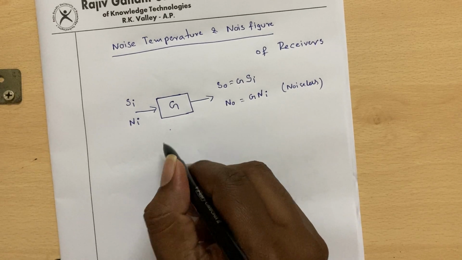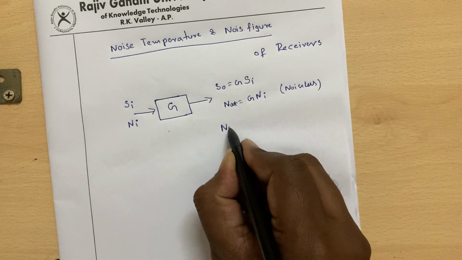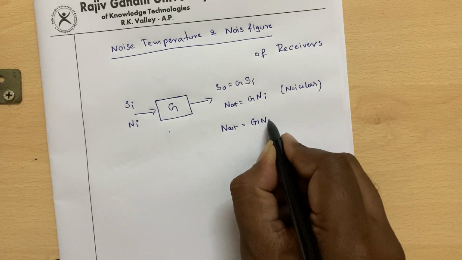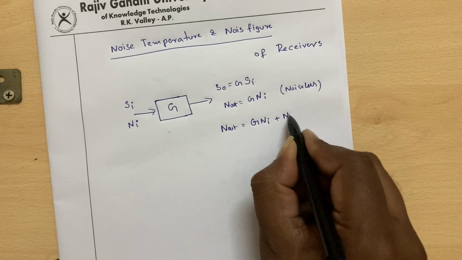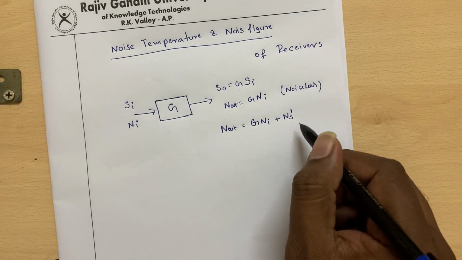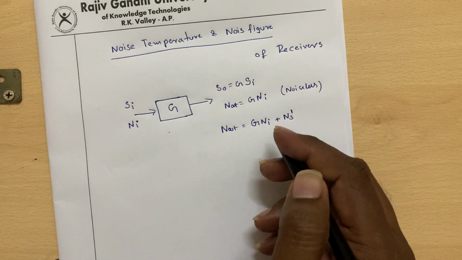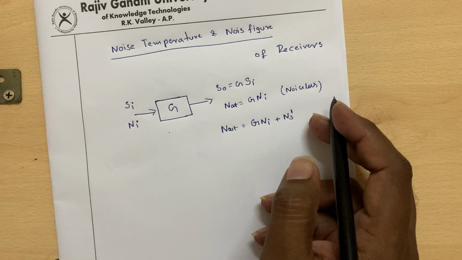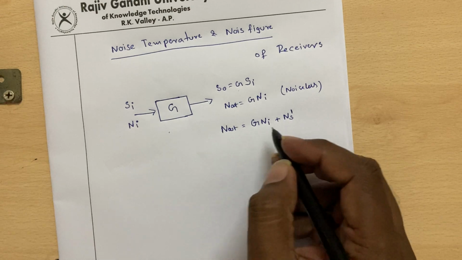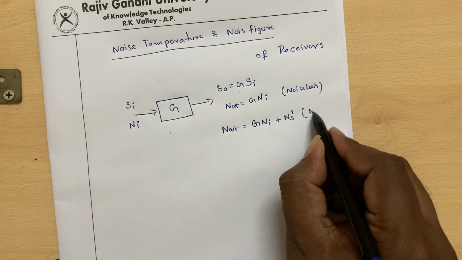So if it is a noisy block, the output noise power Nout is G into Ni plus some Ns dash. It produces additional noise power at the output because of the temperature, or because of noisy resistance present. They generate some noise because of heat, which is added to what the block is supposed to produce at the output.